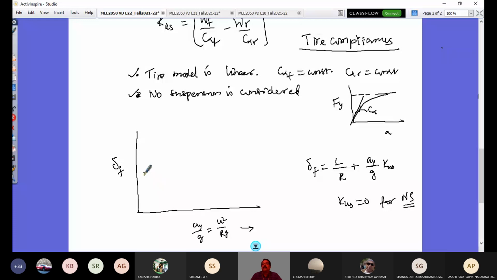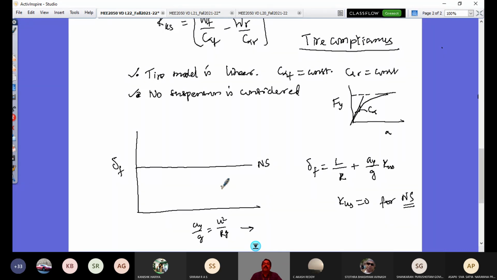So at that time, it is only L by R, for a 3-meter wheelbase and 30-meter radius, if I consider. So what is the physical meaning? Irrespective of the variation of lateral acceleration, you have the constant steering angle sufficient to negotiate the given radius. So in such a case, the vehicle behavior is neutral steer behavior.